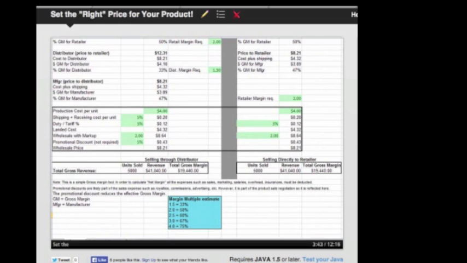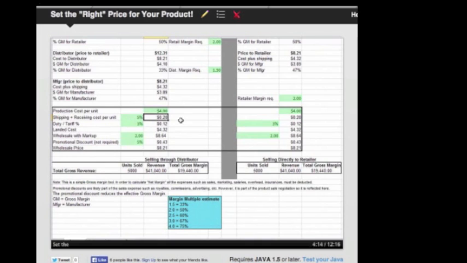Now that you've gathered this data, let's look at the margin calculator together. So just as an example, let's say that the production cost of your item is $4, and you can type in your per unit cost right here. And then let's say that your shipping and receiving cost per unit is an additional 5%, which adds 20 cents per unit to your item.